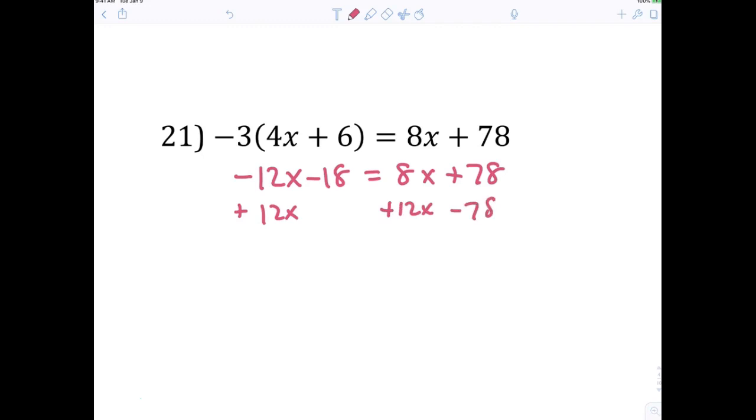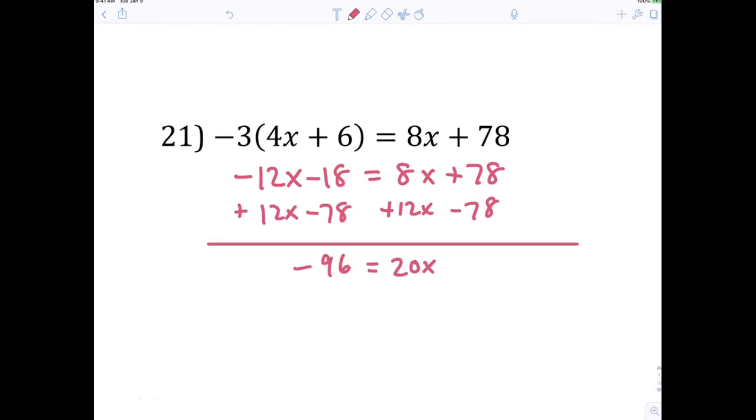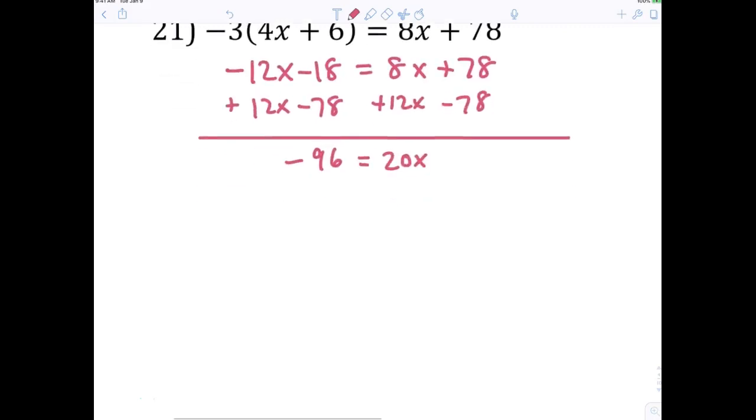And then I would do a minus 78. And so now this is 20x. And this is negative 96. Anybody have any issues with that? Now, of course, we just divide both sides by 20.